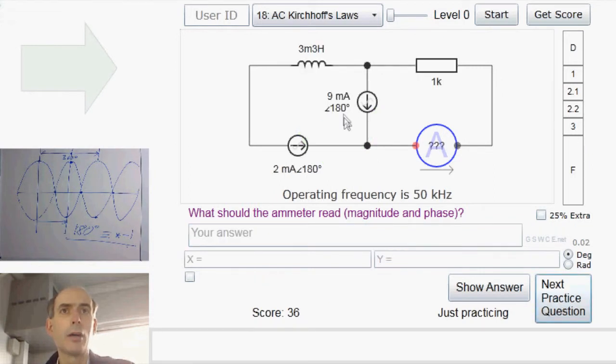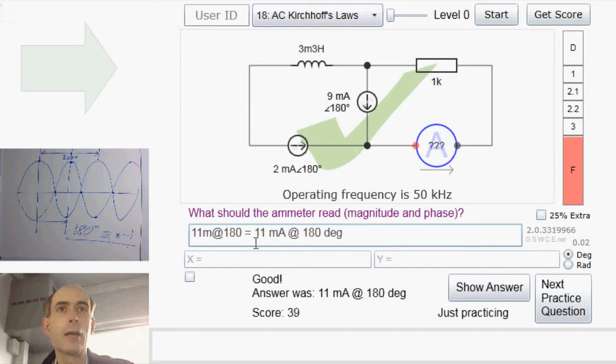And at 180 degrees like this, again, both of the phases are 180 degrees, so we know the current here must have a phase of 180 degrees. All the phases are the same. We could just write that as 11 milliamps at 180 degrees, and we're done.